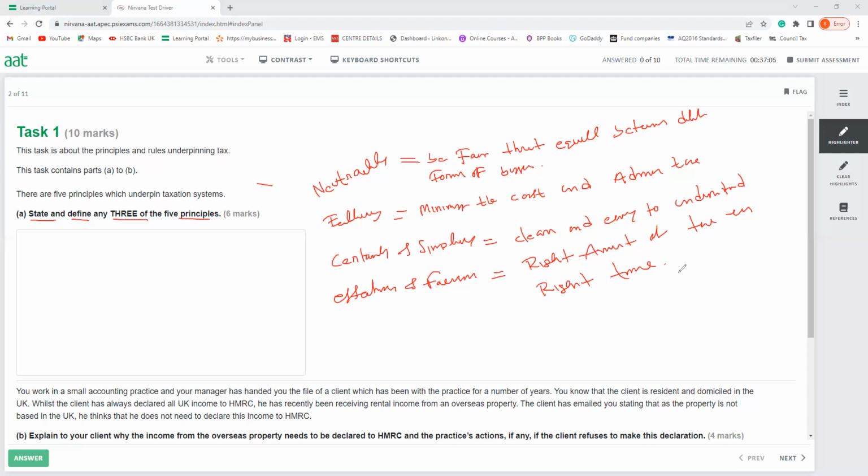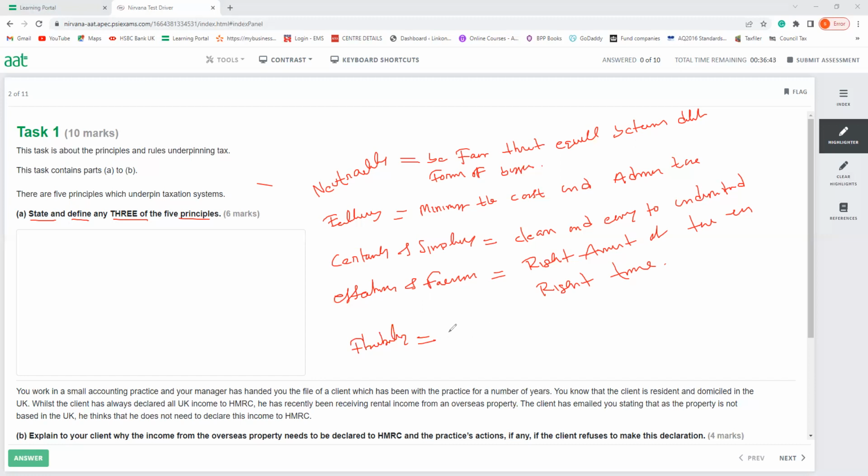And the last one we have is flexibility. On flexibility, we look at the taxation system needing to be user friendly, and it has to be compatible with the technology.